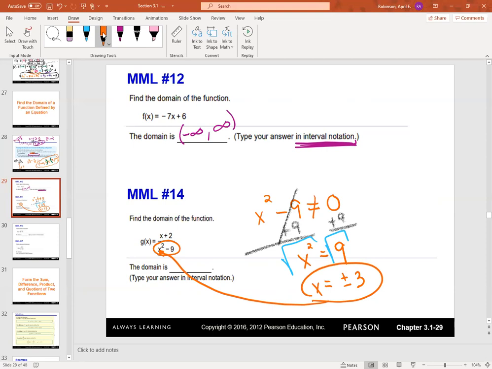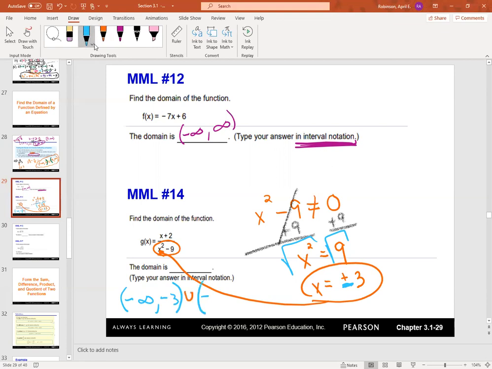Now the way you have to write that in interval notation is going to be, you start at negative infinity, you come up to the negative 3, that's smaller than negative 3, but don't include it. Then you put that union symbol.